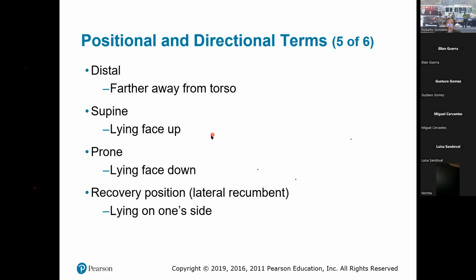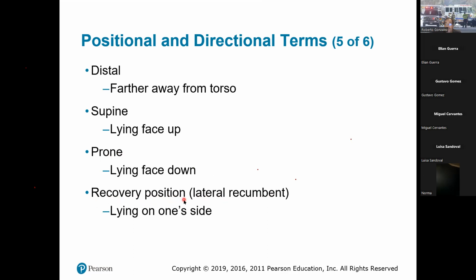So if they're facing up, that means they're supine. If they're facing down, that means they're prone. So supine and prone basically describe the way you find the patients. Now, there's another way you can find the patients, on their side. So they can actually be lateral recumbent. Okay, and this is what is referred to as the recovery position.